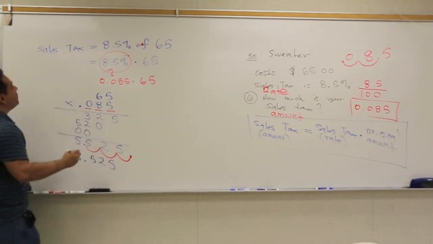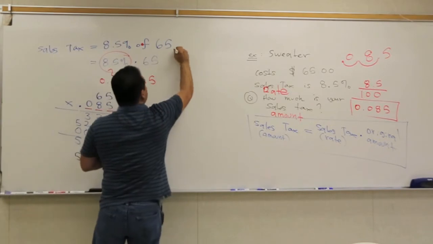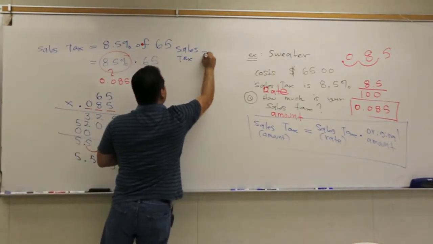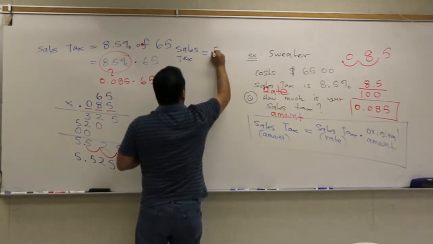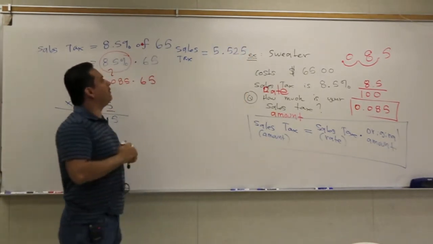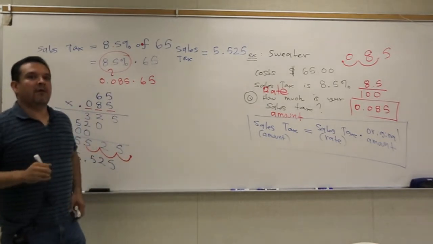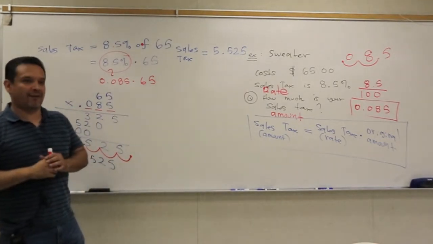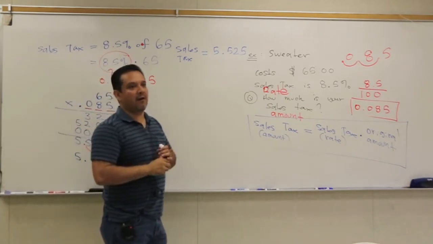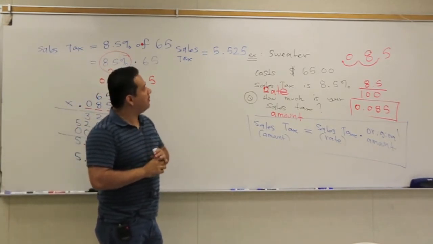5.525. In other words, your sales tax, ladies and gentlemen, is 5.5 to what? 5. There's a problem here. What's the problem? What do you think? What does it go to?